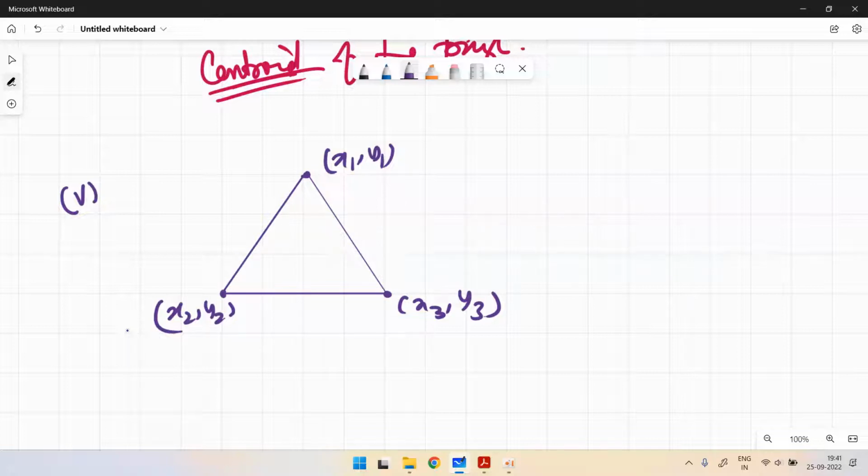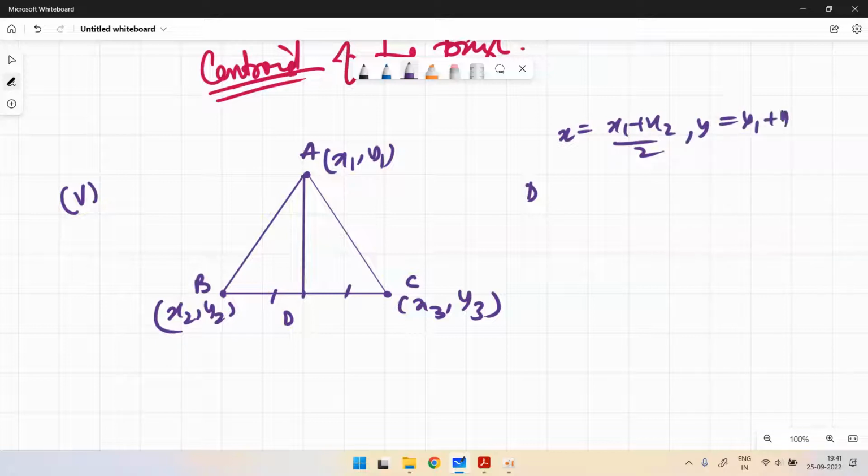So if this is A, B, and C, they are saying you need to find the coordinate of this median. If I join this midpoint, this is D. The value of D, according to the formula, since it bisects this into two equal halves, x will be x1 plus x2 by 2, and y will be y1 plus y2 by 2.